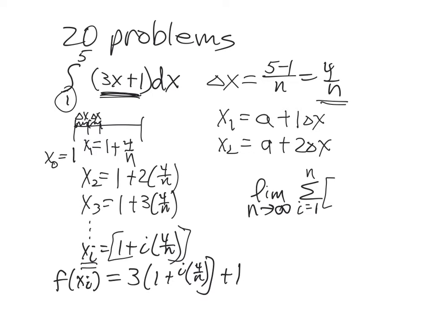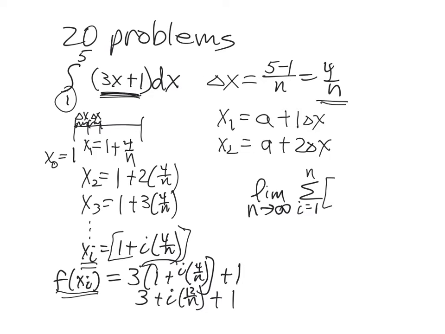And then that's the summation of f of x sub i, which, let's see, we could probably simplify this a little bit before we plug it into our limit. Multiply the 3 through, and 3 times i times 4 over n, probably best to go this way. And then plus the 1, don't forget about the 1.